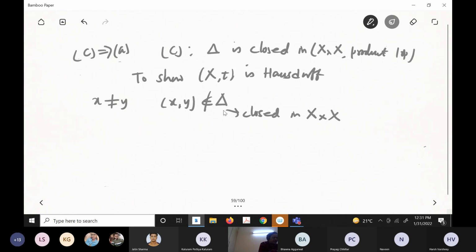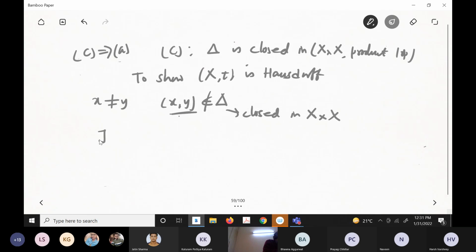But I can take a basic neighborhood also, because if a neighborhood doesn't intersect, it contains a basic neighborhood that won't intersect. That means there is a basic open set containing this point which won't intersect this.